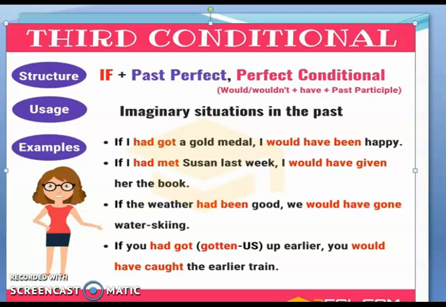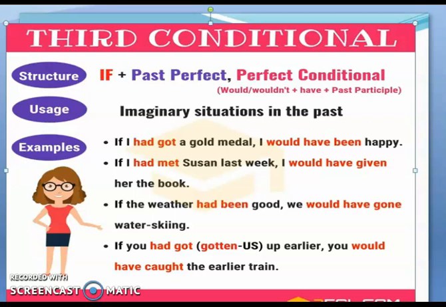In this sentence, we are using past perfect in the conditional clause and we are making use of would plus have plus the past participle form of the verb.